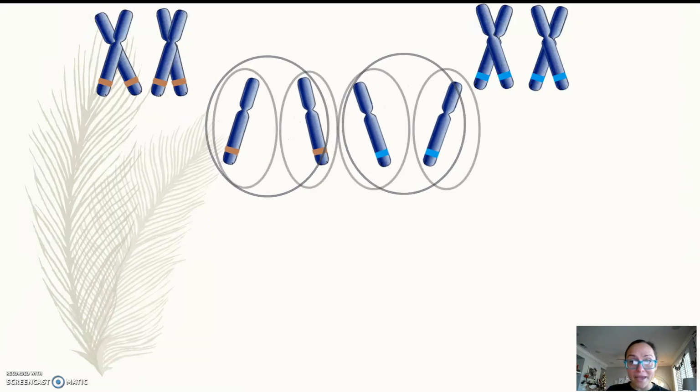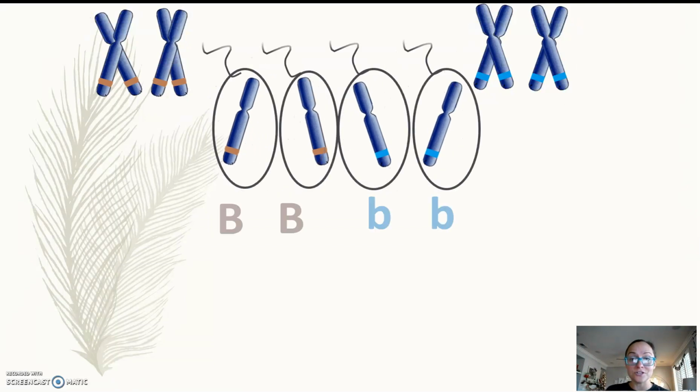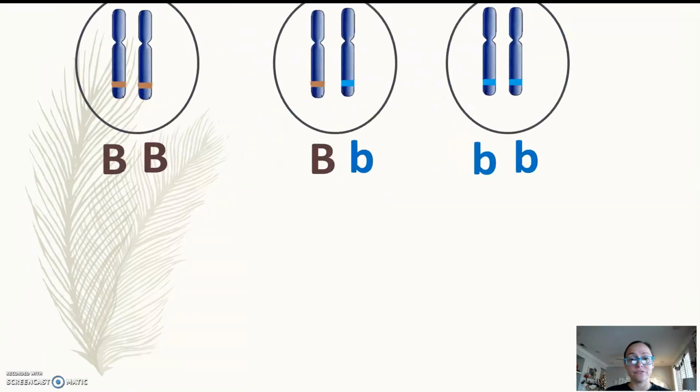This is Mendel's law of segregation: alleles separate during meiosis. The gametes either have the dominant allele or the recessive allele. They don't have both. They inherit only one copy, either dominant or recessive.